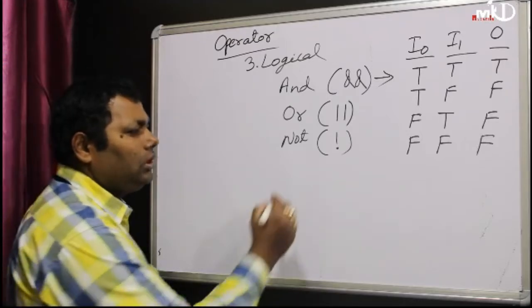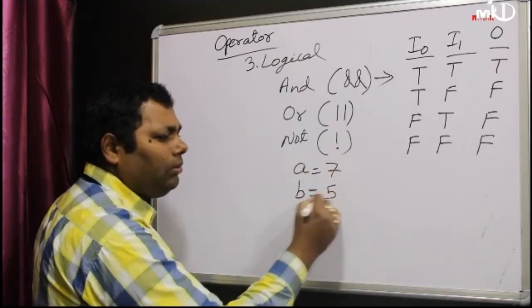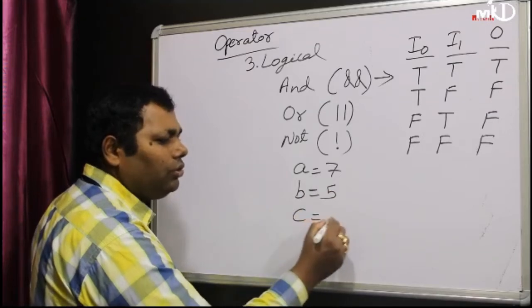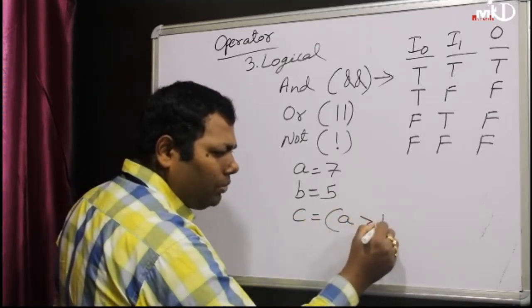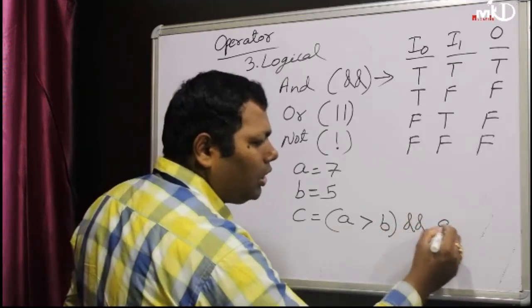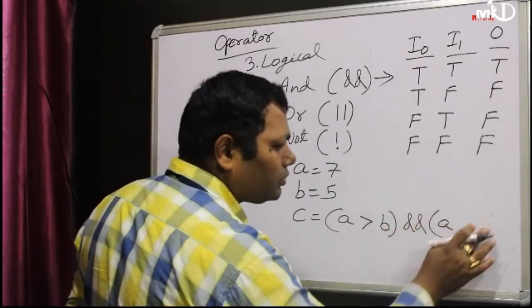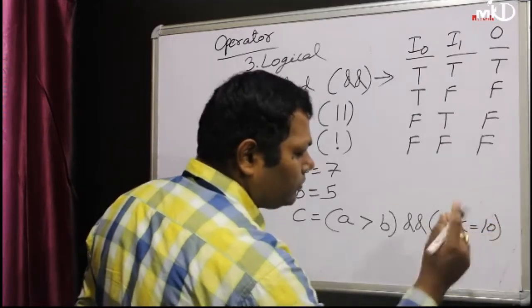For example, A equal to 7, B equal to 5. I write C equal to A greater than B and A is less than 10.